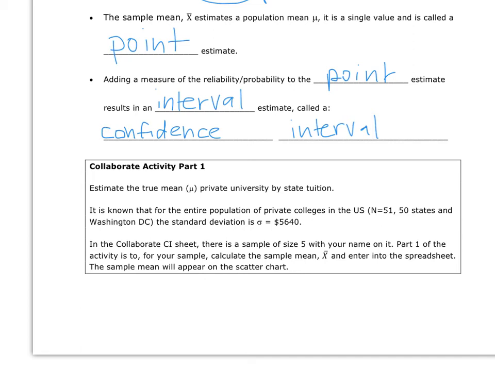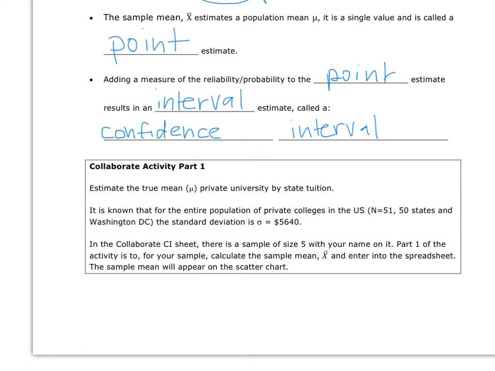So each of the sample members is an average private university tuition for a particular state. So population size is 51. We have 50 states and Washington, D.C. And I've calculated the population standard deviation, 5,640.